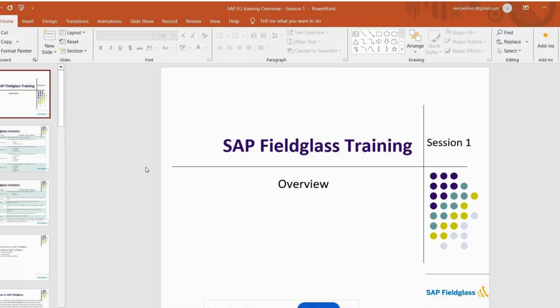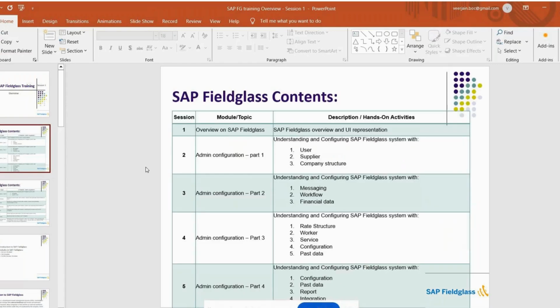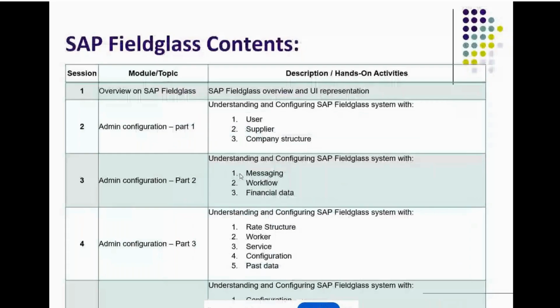So we'll proceed with the contents we'll be covering in SAP Fieldglass. Anyhow, this is just the first session. We'll cover some part in this first session, and then we'll continue with the training. Each and everything regarding SAP Fieldglass will be covered.